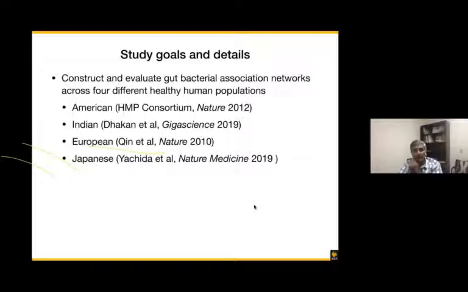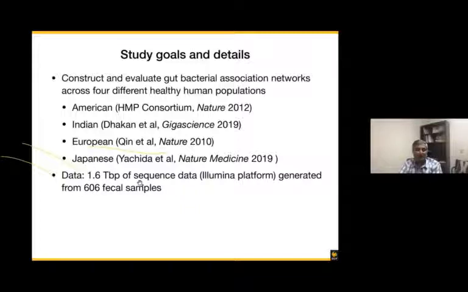We looked at 4 different data sets: American, Indian, European, and Japanese populations. And by the way, these were metagenomic data sets generated from over 600 fecal samples. We had about 1.6 terabases of data that we analyzed.